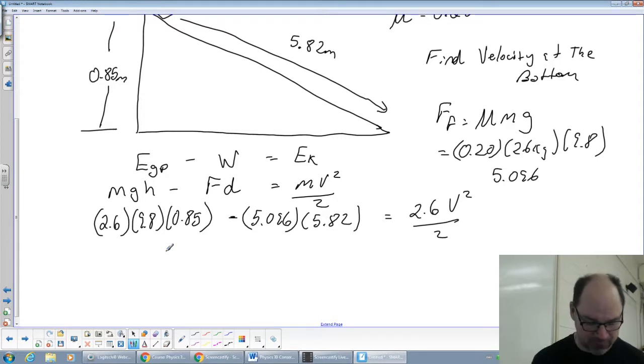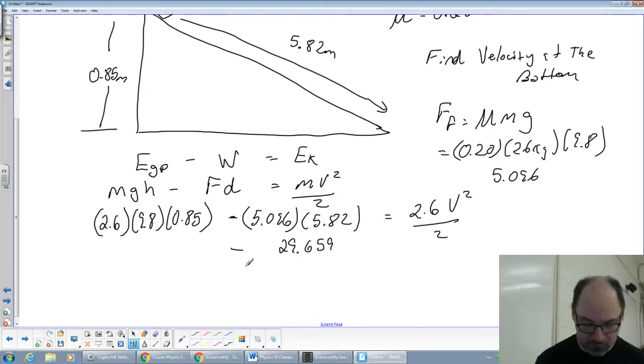Anyway, I'm going to crunch these numbers. So I'm going to do the work first, and I get 29.659. This one here is 2.6 times 9.8 times 0.85.